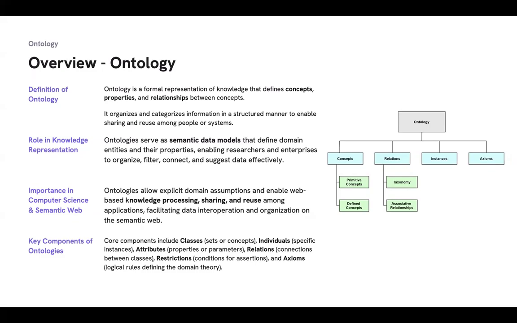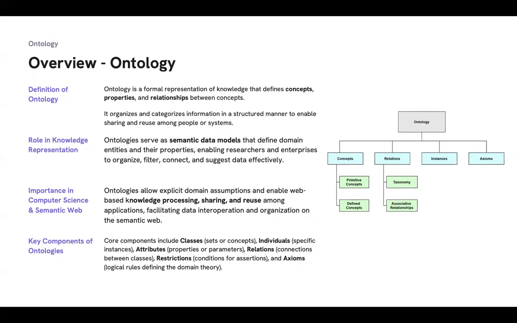So basically, it helps you to know if this word is used or is said, this is what it means. Similarly, we use ontologies to structure data so that when we're sharing data, when someone else sees that data, they immediately can understand what the data mean in the context we're using it. So that's why we use ontology in that sense.